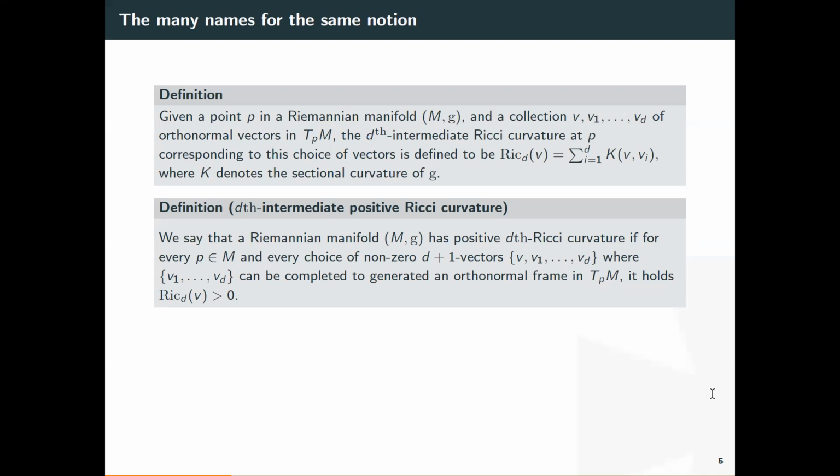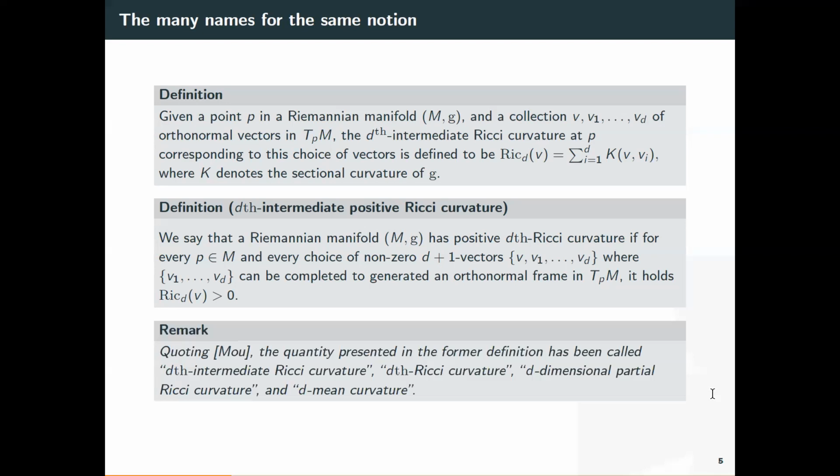So we have this definition, and the title of this slide is a bit provocative, because there is plenty of nomenclature and notation for this kind of notion in the literature. And because there is so much, we are going to introduce one more. But the point is that there is a website of Lawrence Mouillé, where he collects pretty much every work that deals with intermediate notions of positive curvature.